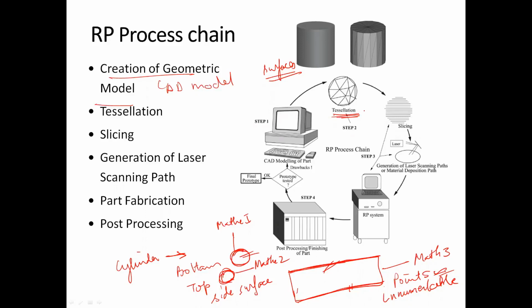It is a piecewise approximation of the surface. Tessellation is the piecewise approximation of the surface. It is approximation. Always remember that. Okay? It is going to be a piecewise approximation of the surface.